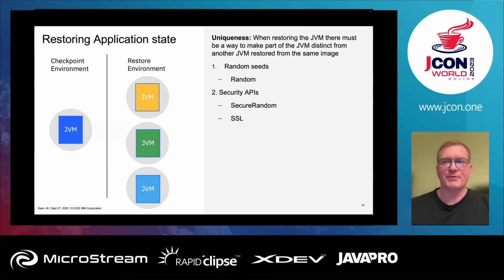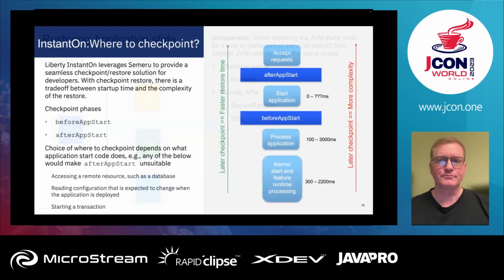You don't want every JVM to come up with the same random number seed, because you still want them to behave as if they have different random number seeds. Also, there are some interesting aspects of security that need to be taken care of, making sure that you're not sacrificing the security of the restored JVMs. And again, this is something that Semeru runtimes and Liberty are taking care of for you.